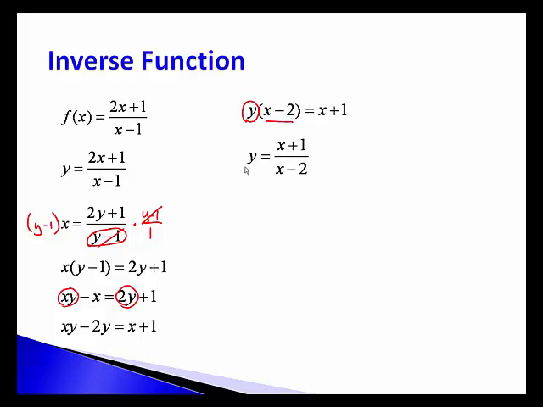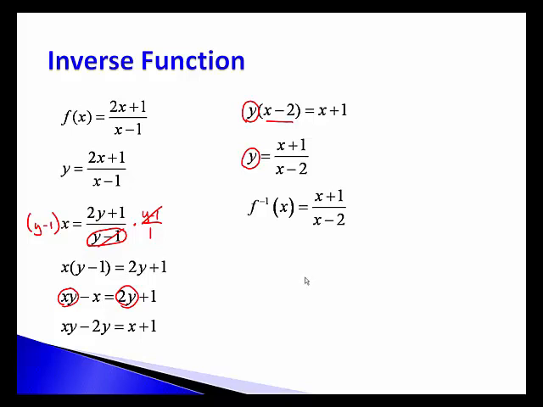That'll leave us with y on this side and (x plus 1) divided by (x minus 2) on the other side. Once we have the inverse, we need to write it in such a way that anyone who came along after us would realize it is an inverse. So we write f inverse of x is equal to (x plus 1) divided by (x minus 2).